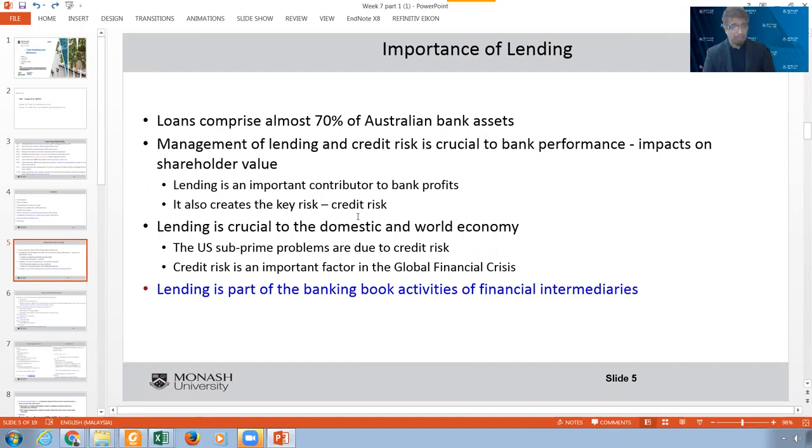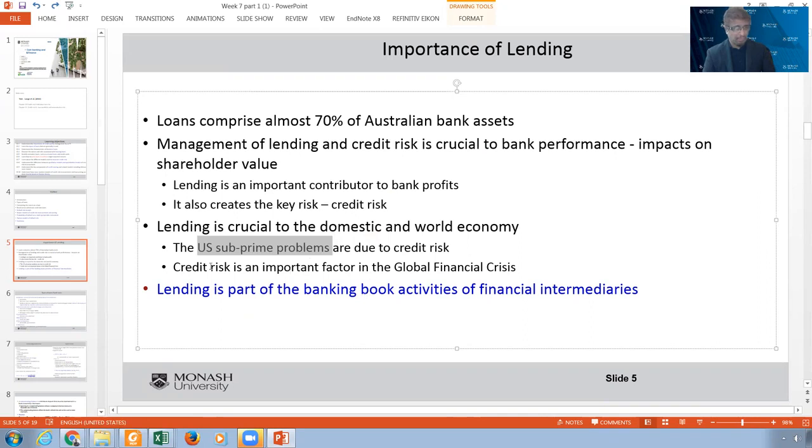Lending is also very important for the local economy and the world economy, because of the integration of the systems, you can borrow and lend anywhere in the world and inside the country. When we talk about credit risk, for sure, we remember the recent subprime problems, which was a credit risk.